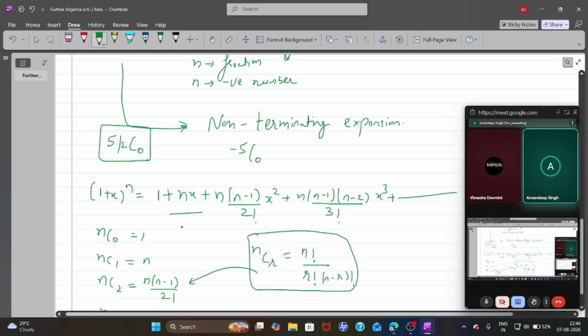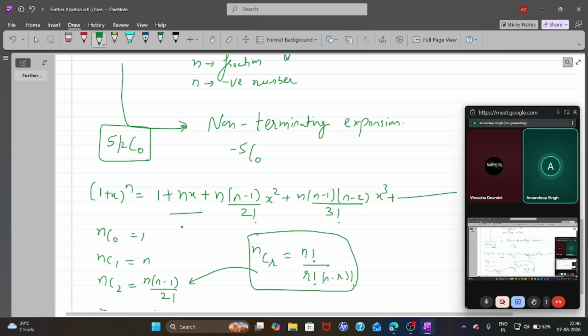So this was the introduction of this particular topic. Now I think we can directly solve one question, then you will understand more. We just go till x cubed. It depends, but hardly will they ask beyond x cubed. Sometimes they can ask till x squared or till x.